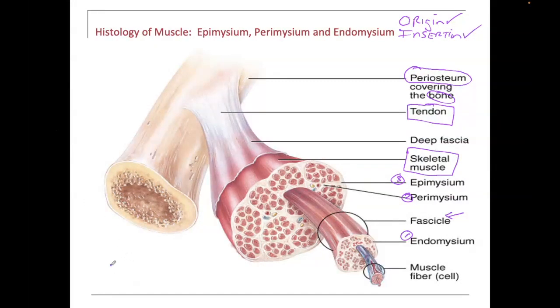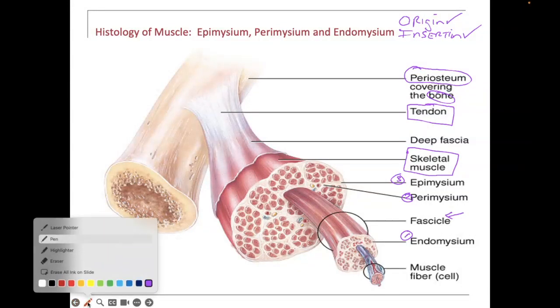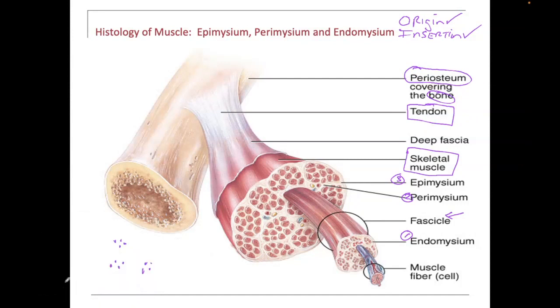So we're going to have these muscle cells like this. We have these muscle cells here, muscle fibers. And these muscle fibers are going to be surrounded by a layer called an endomysium.